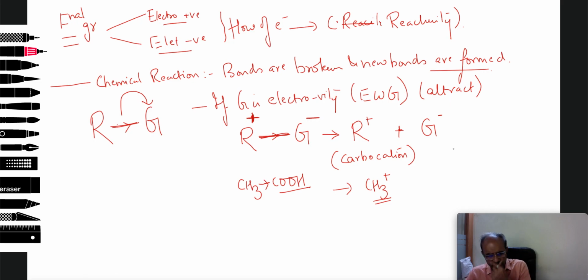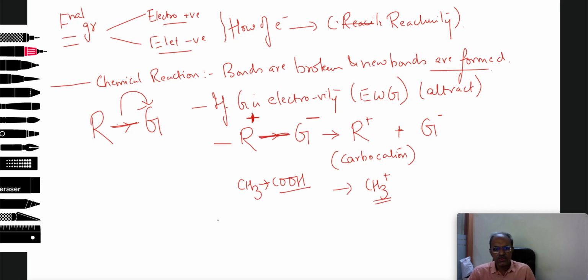First, we will just try to understand superficially what you mean by carbocation. The actual process we'll see later on. That means a complete flow of electron from one end to the other. Okay?